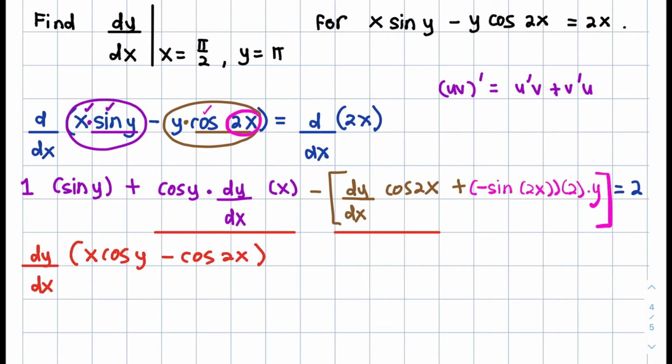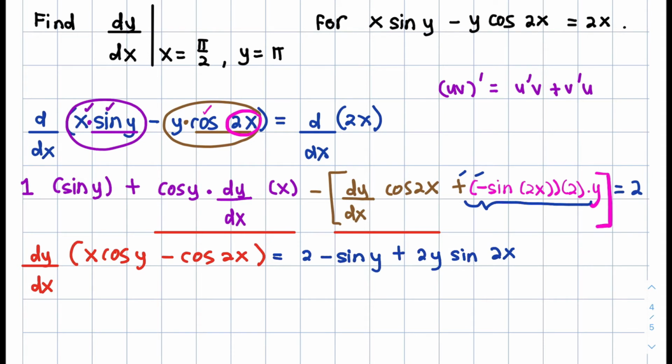Now, the rest of the terms, with the sine, you can bring to the other side, which gives 2 minus sine y. Simplify a bit: minus minus, brought to the other side, becomes plus, so you will have 2y sine 2x.